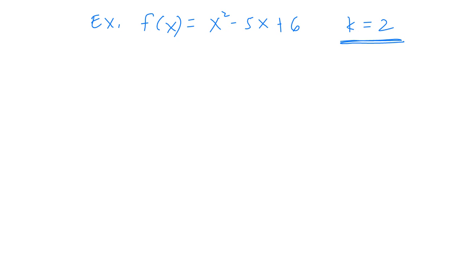If you're using synthetic division or long division, then the remainder should be 0 in order for you to say that k is equal to 2 is a 0.